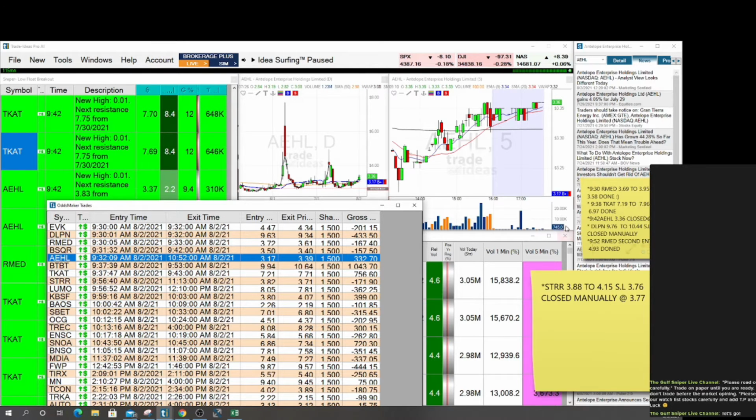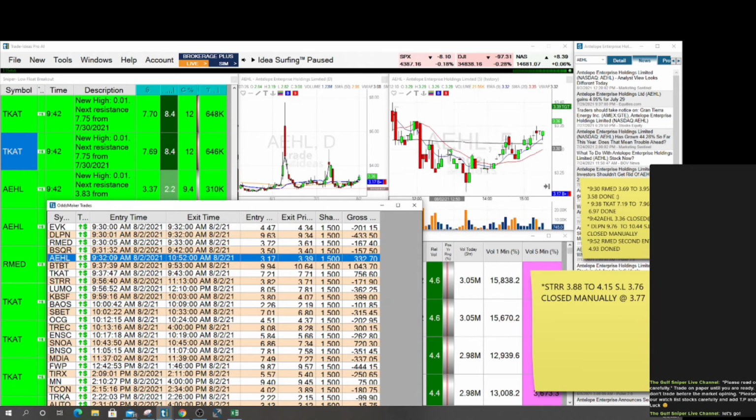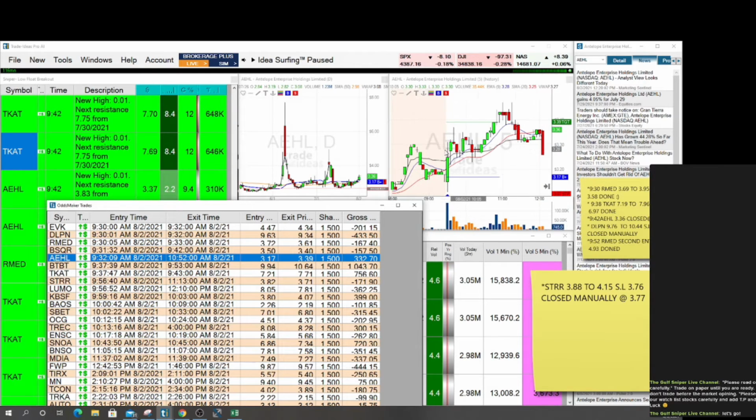So we entered with this opportunity with AEHL, but when we entered, it made the target in more than half an hour. For us, we closed it manually at a loss of 2%.